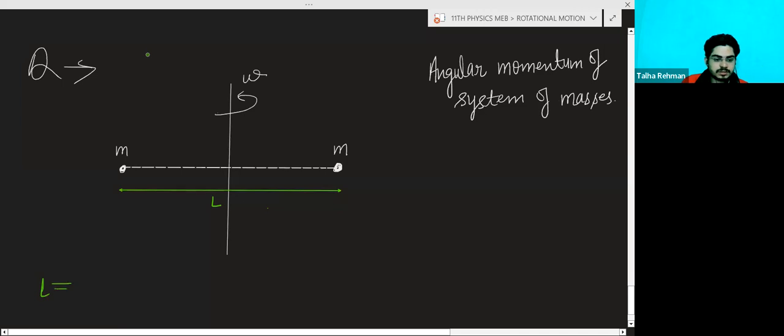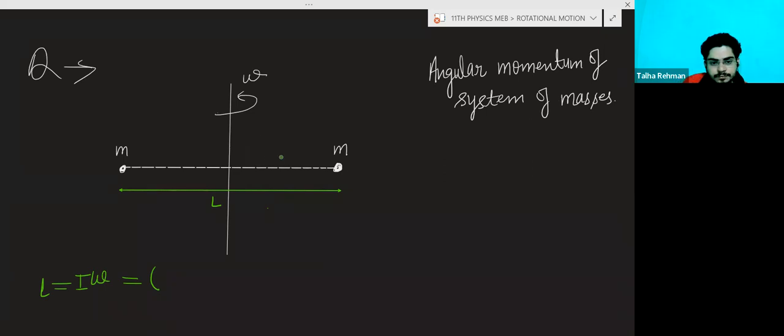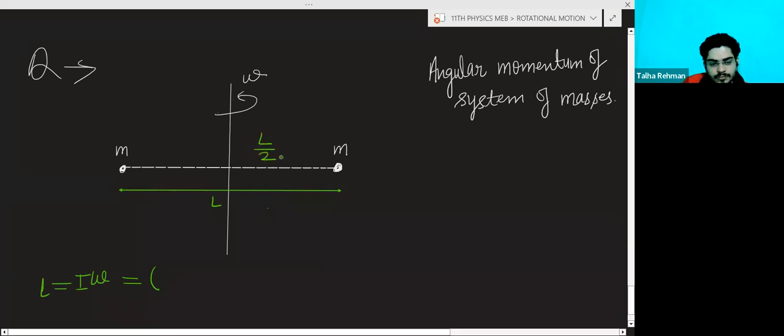Angular momentum of the system is equal to the moment of inertia about this axis multiplied by angular velocity about this axis. So moment of inertia about this axis will be, this is the axis of rotation. This distance will be L by 2, and this distance will be L by 2 for this mass.